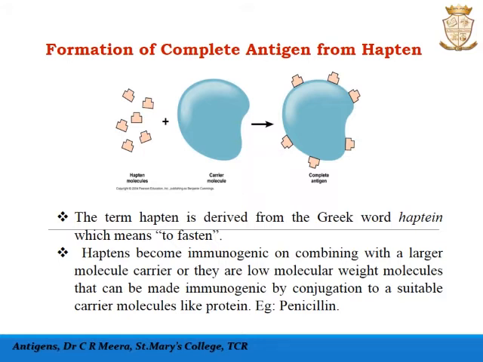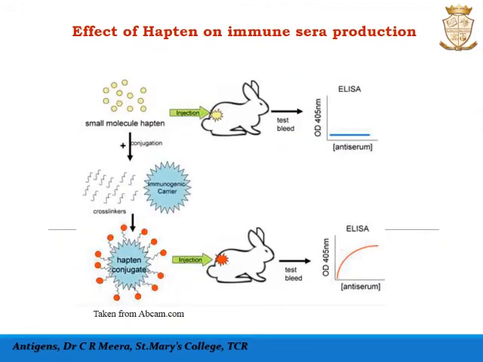In the given figure, you can see the small haptens, and when they are attached to a suitable carrier molecule, they become a complete antigen. This figure explains the effect of hapten on immune sera production.